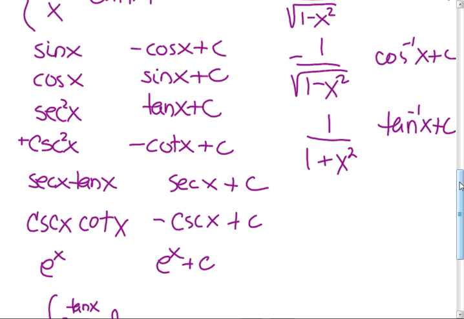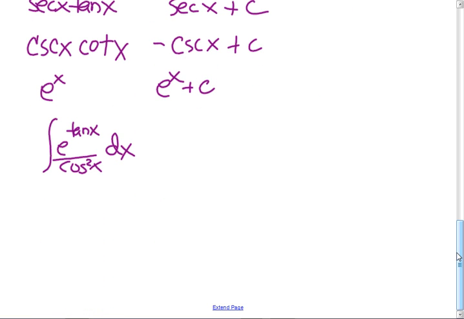So everything you can integrate has to look like one of these. That's why we do a U substitution. What function do you think that one is that I want to integrate? Carter, what do you think I want to integrate there? You have tangent, you have cosine squared, and you have E. I think it's E. And that's the hard part, figuring out what your U substitution is.